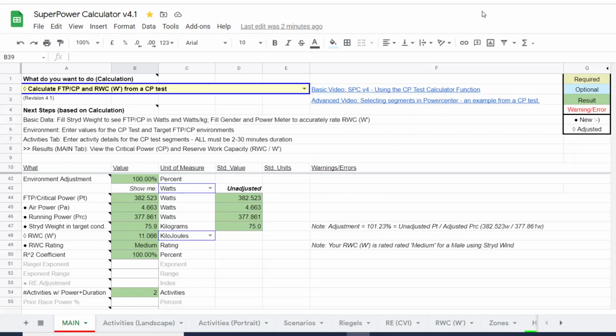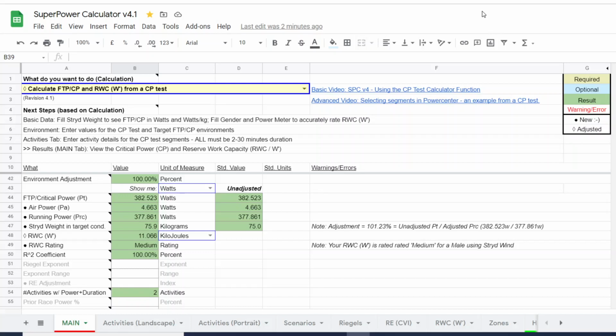Because most people use a Stryd wind pod, which reports air power, and because when you go from outdoor where air power is reported to indoor on a treadmill where air power is not reported, you're going to have different power figures reported for the same effort.